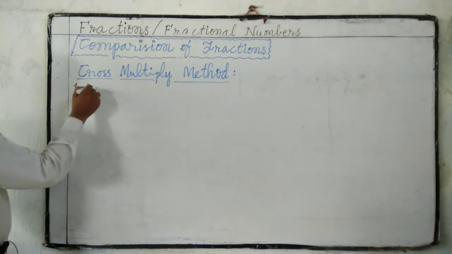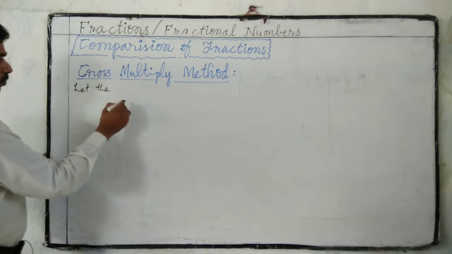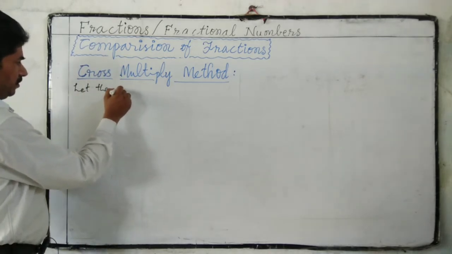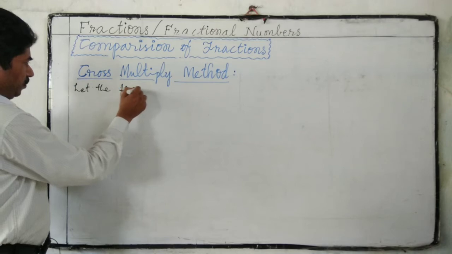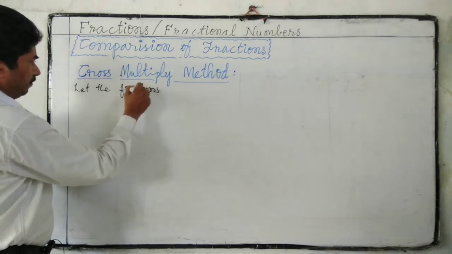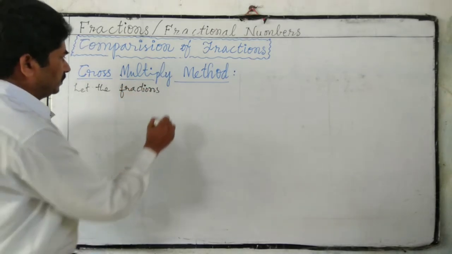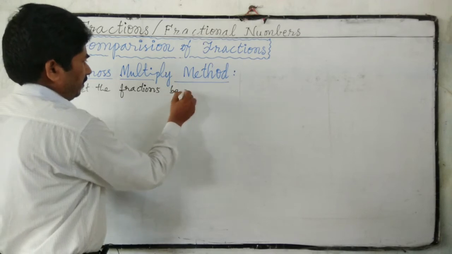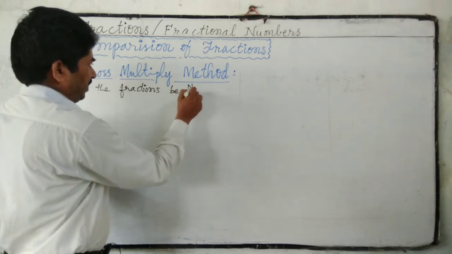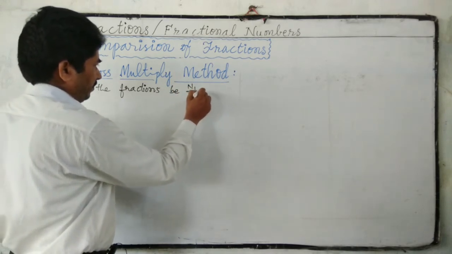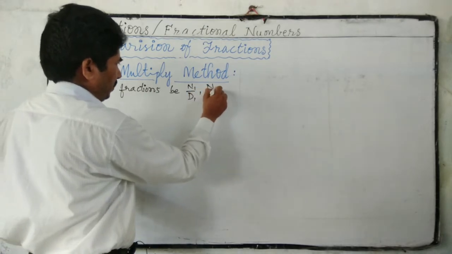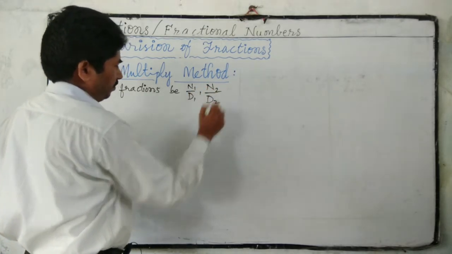Let the two fractions be n1 by d1, n2 by d2.